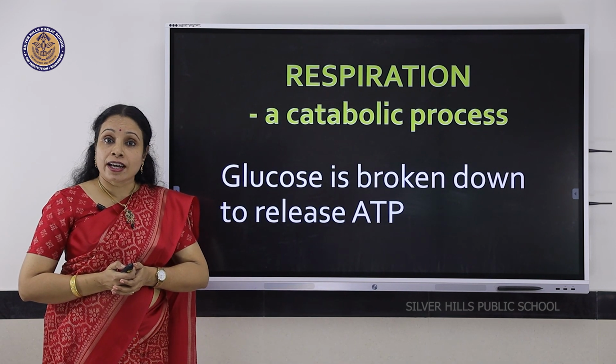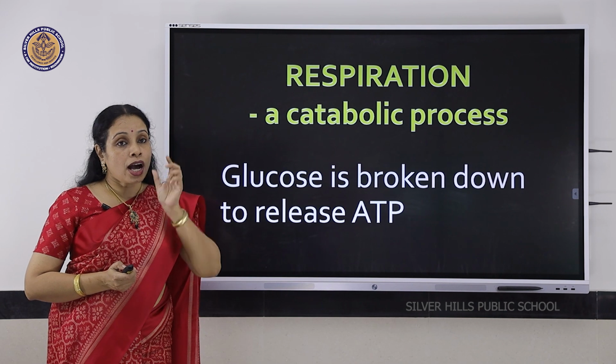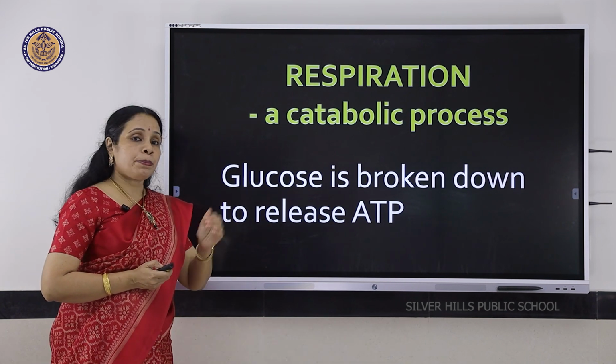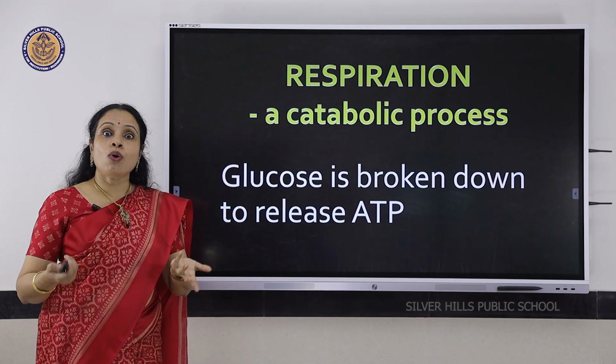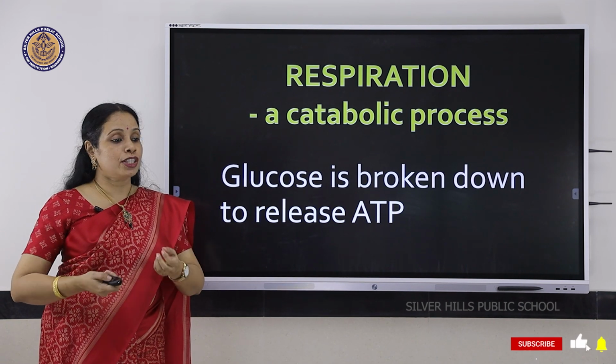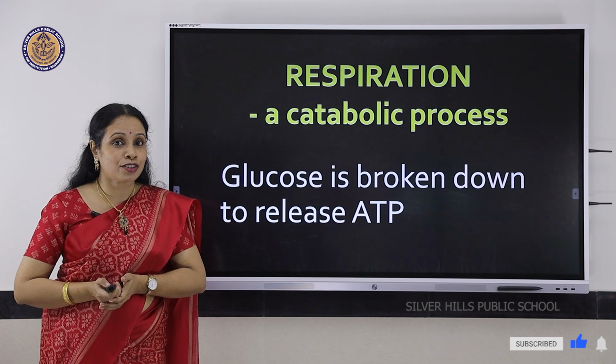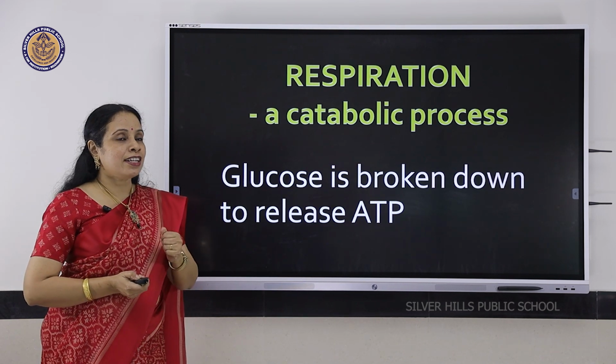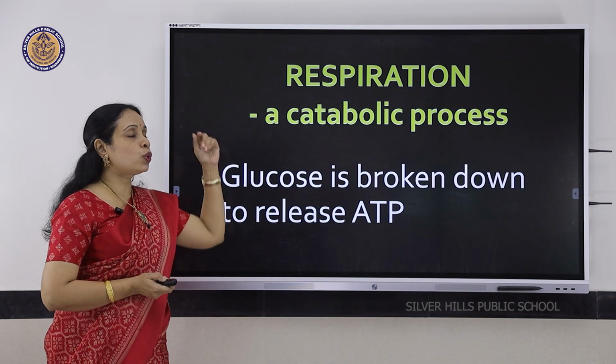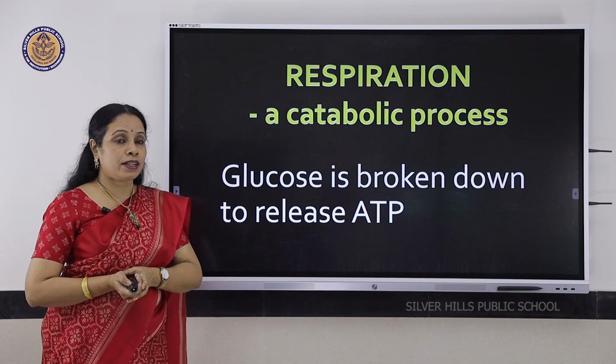Even to close your eyelid, you require ATP. Then imagine how much ATP you will need when you're singing, dancing, studying, exercising, etc. So, all that energy we are deriving through the process of respiration.